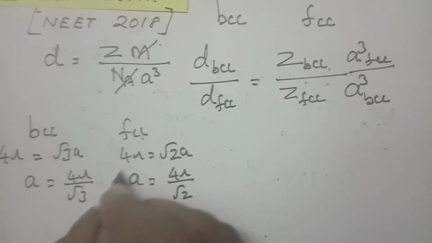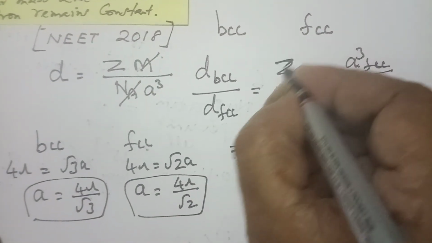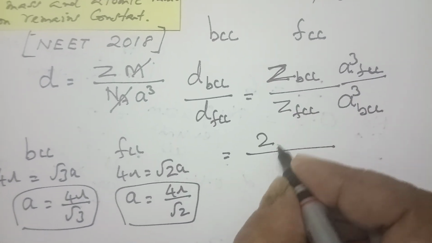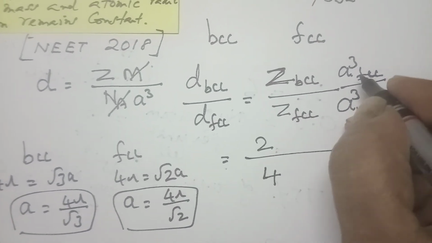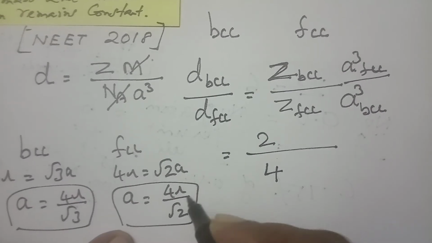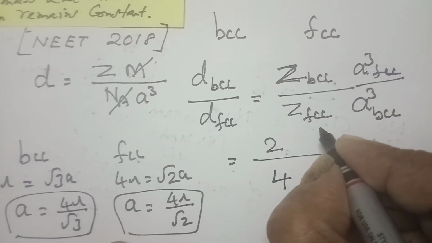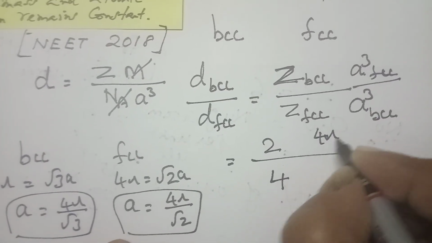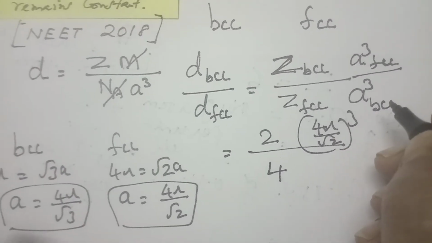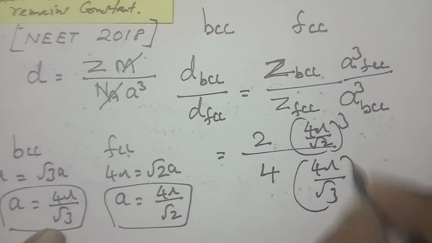These should be substituted here. The number of atoms for BCC, body centered, is 2, and for FCC it is 4. The volume of FCC is 4r by root 2 the whole cube, and for BCC it is 4r by root 3 the whole cube.